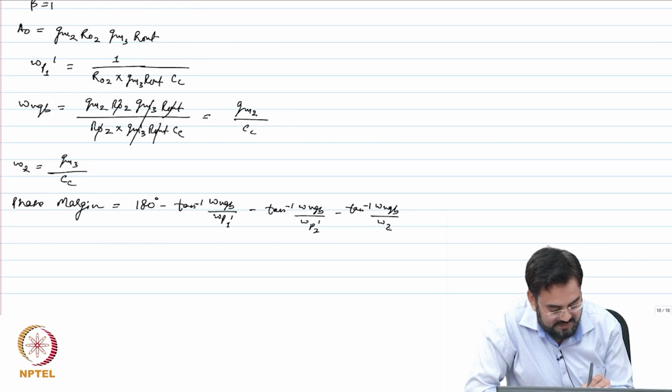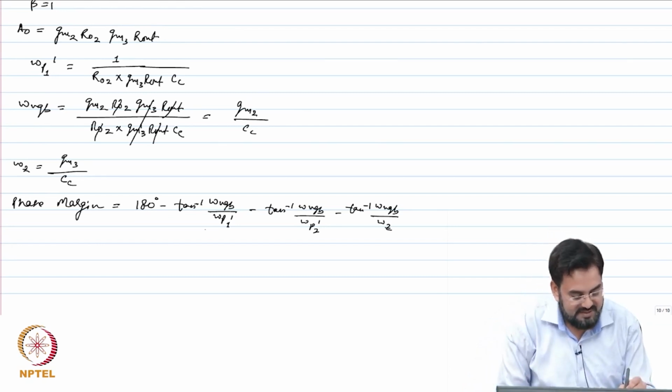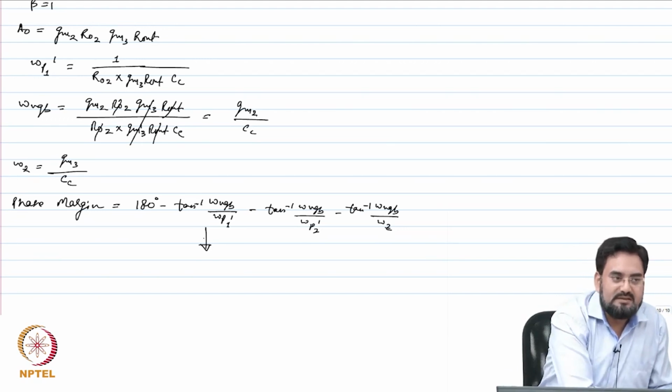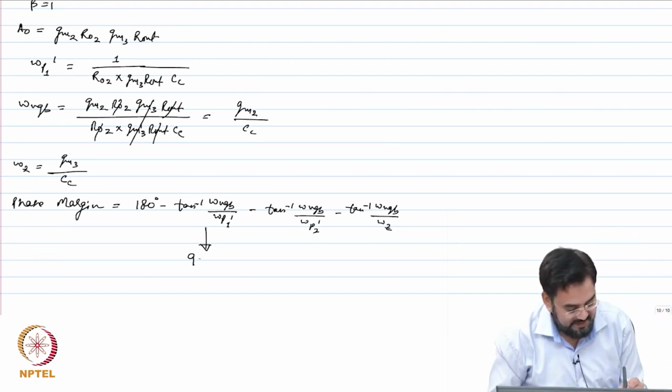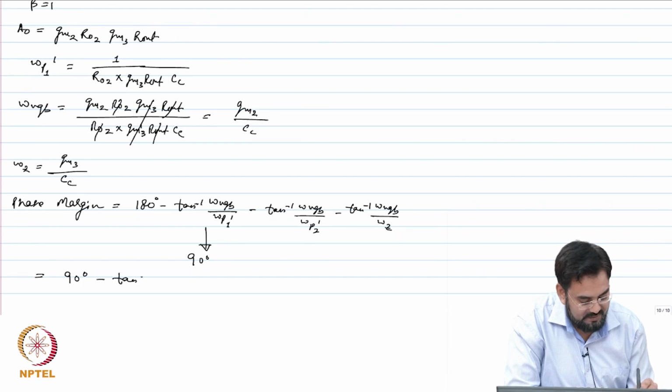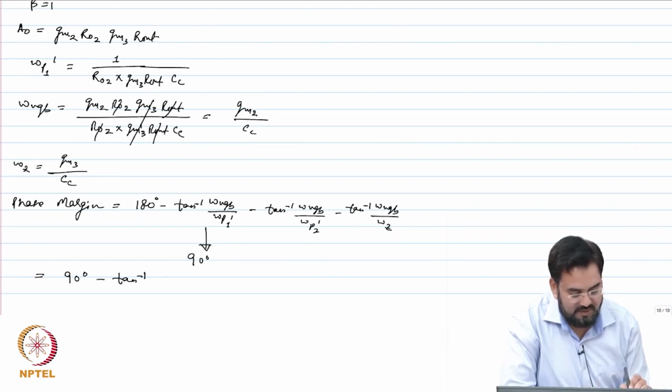Over omega z. And what is the phase shift from this first pole? We know that it is 90 degree. So I can say 90 degree minus tan inverse, and what is omega UGB?